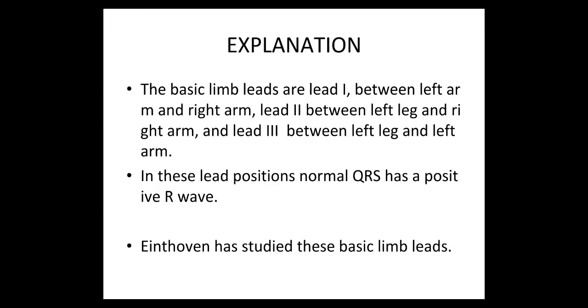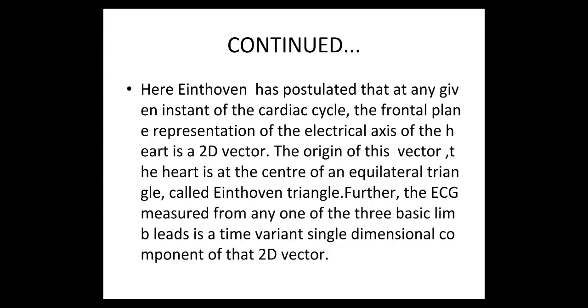Explanation. The basic limb leads are lead 1 between left arm and right arm, lead 2 between left leg and right arm, and lead 3 between left leg and left arm. In these lead positions, normal QRS has a positive R wave. Einthoven has studied these basic limb leads and he has postulated that at any given instant of the cardiac cycle, the frontal plane representation of the electrical axis of the heart is a 2D vector.